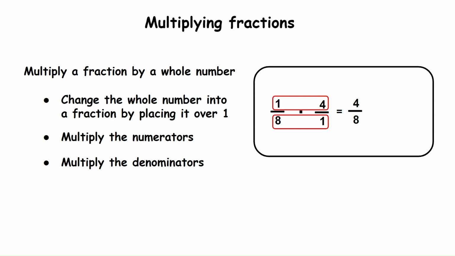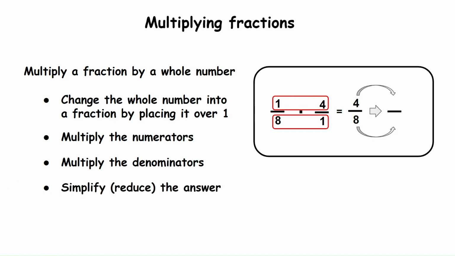That's 8 multiplied by 1, which is 8. As you can see, this fraction can be reduced. Both numerator and denominator can be divided by 4. 4 divided by 4 is 1, and 8 divided by 4 is 2. So 1 over 8 multiplied by 4 over 1 equals 4 over 8, which can be reduced to 1 over 2.